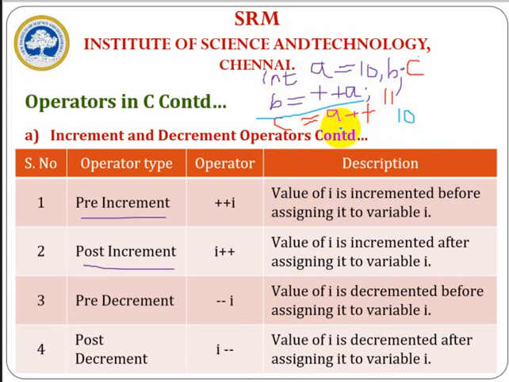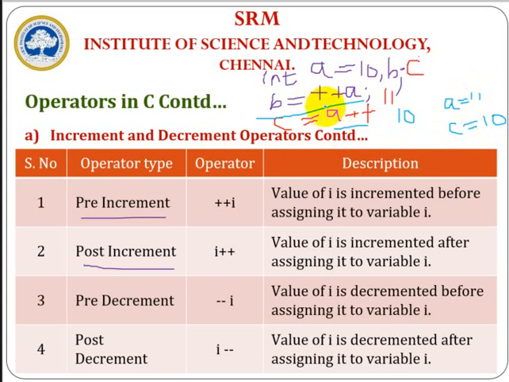So the a value will be first saved in c, and then only a will be incremented. When you are executing the third statement, c equal to a++, the a value will be 11, but the c value is going to be the same 10. Why? Because first it assigns the value, and then only the incrementation process will be carried out.